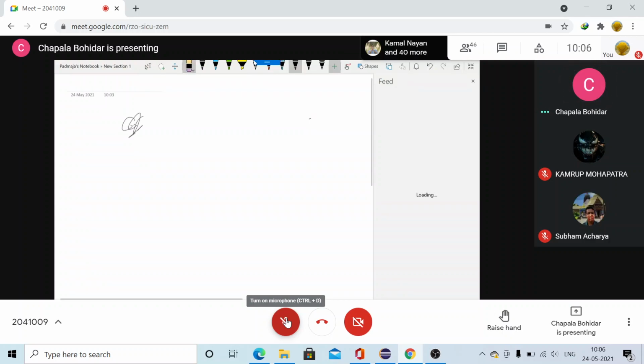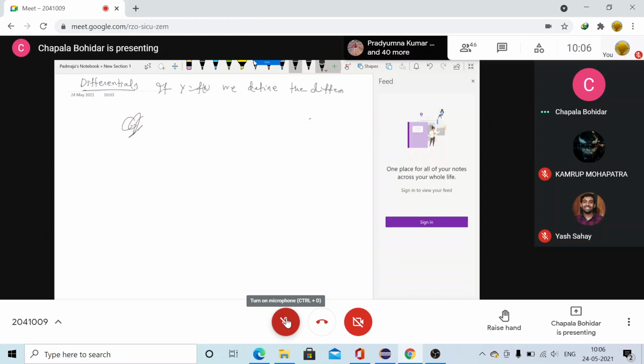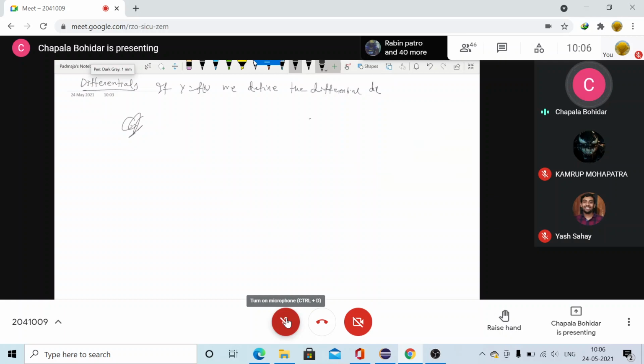Okay, differential. If y is a function of x, we define the differential dx to be an independent variable, not a function of x.